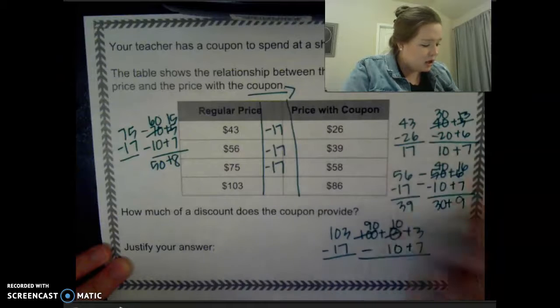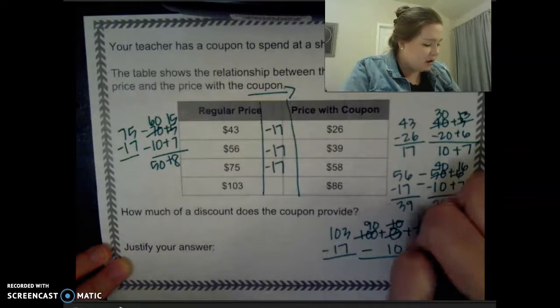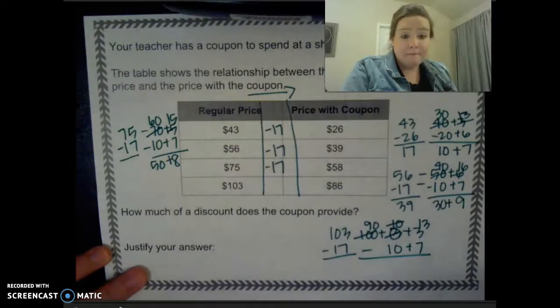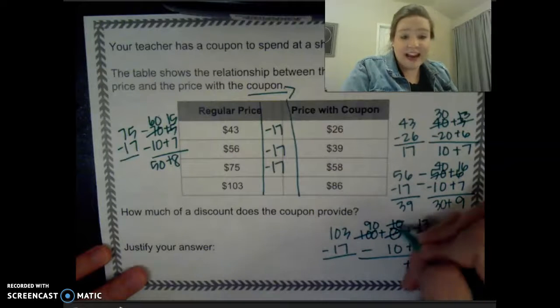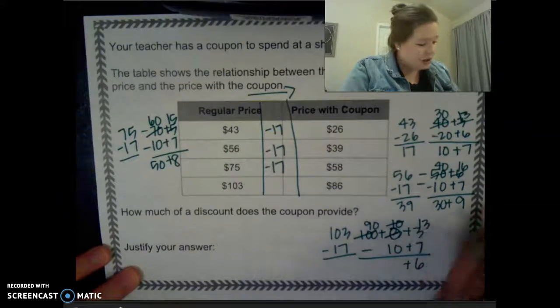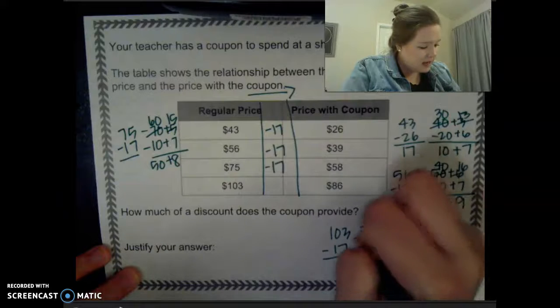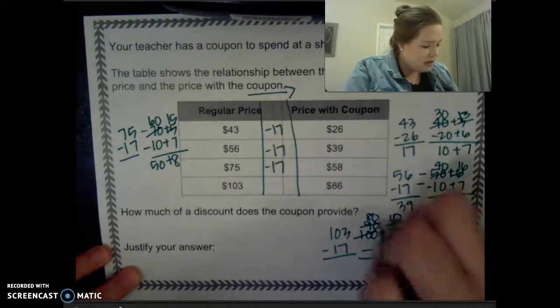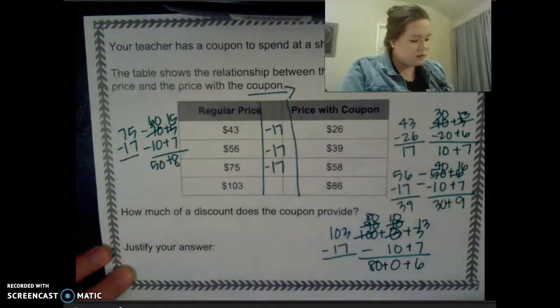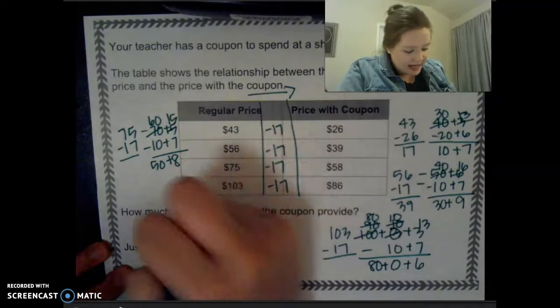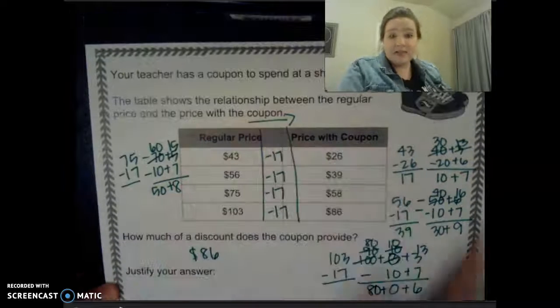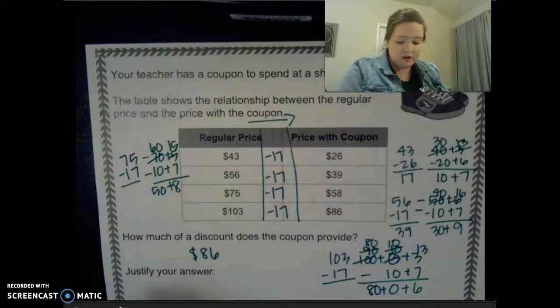I'm going to add 10 here, but then I'm going to take this 10 and add it here. 13 minus 7. Good, it's 6. Plus, I don't have anything here because I took this 10 and added it back here. This is going to be 80, and 10. 10 minus 10 is 0, and 80. 80 plus 6 equals 86. So how much of a discount does this provide? $17. That is your justification. Okay, all of this work is justifying your answer.